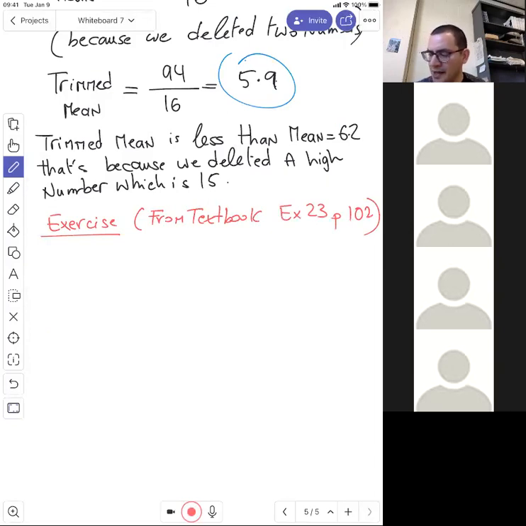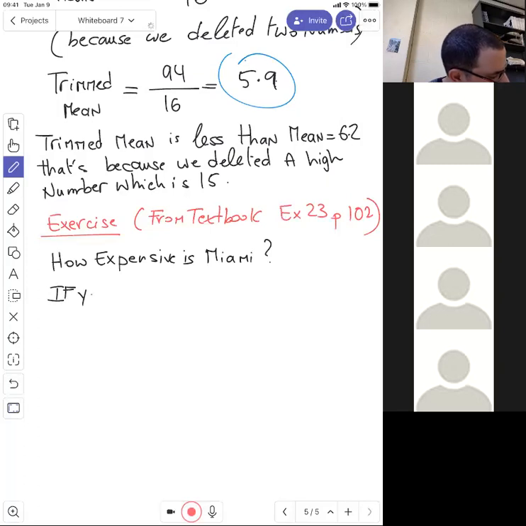It's about how expensive Miami is. Let's say you want a vacation rental condo.